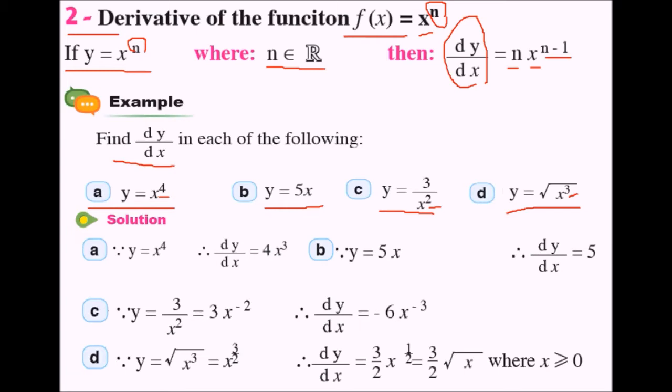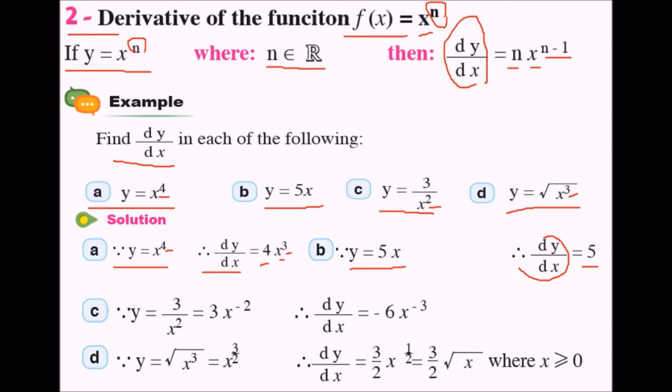A. Since y is equal x to the power of 4, then dy by dx is equal 4x to the power of 3. B. Since y is equal 5x, then dy by dx is equal 5.